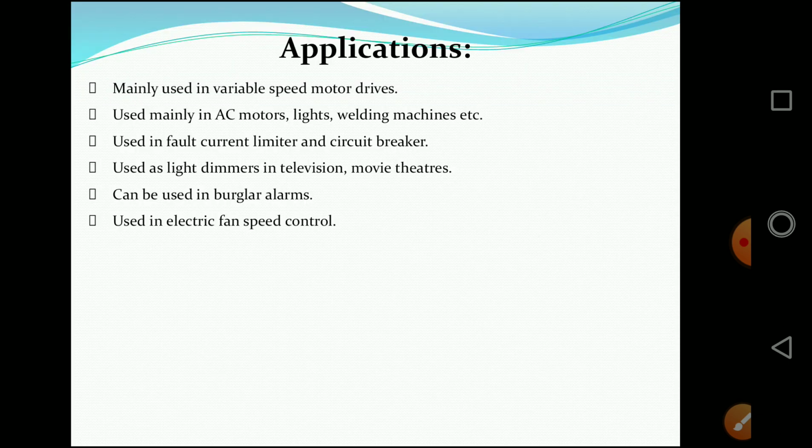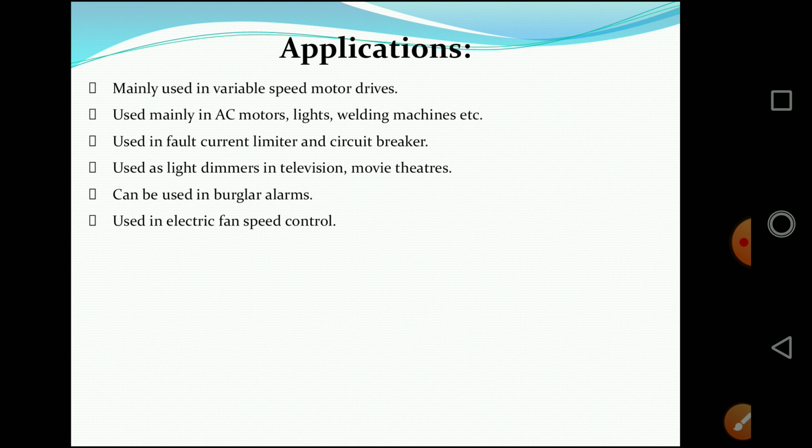Next are the applications of SCR. As the SCR has many applications, it is generally used for speed control, which is its most common use. Next, it is used in AC motors, lights, and welding machines.